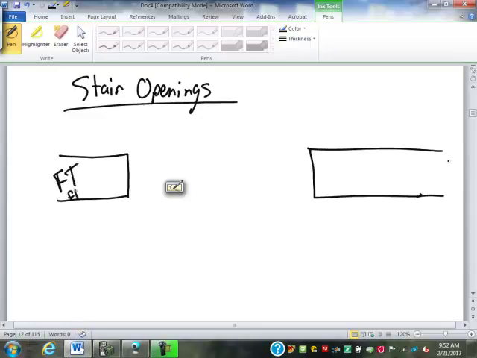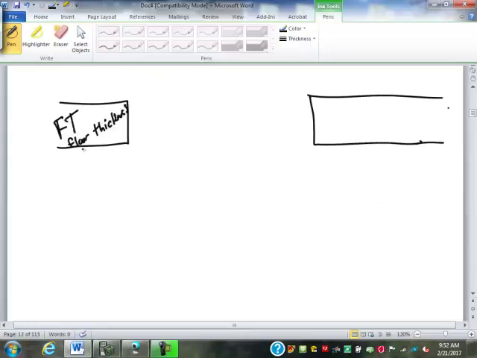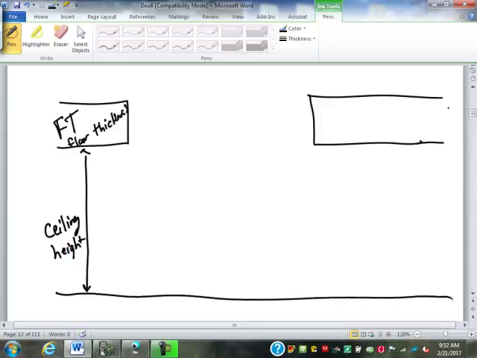FT is going to be our floor thickness. Then we have a ceiling height that goes with the lower level ceiling, the level below the floor.